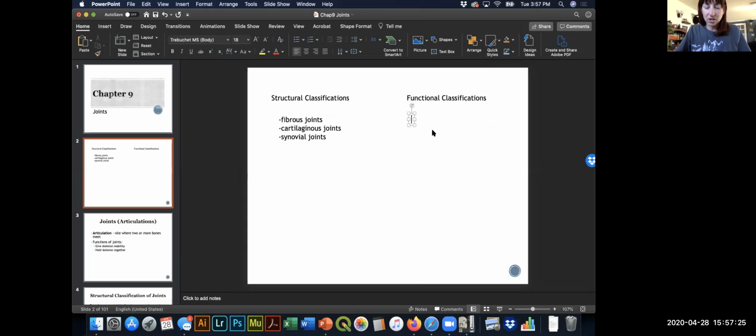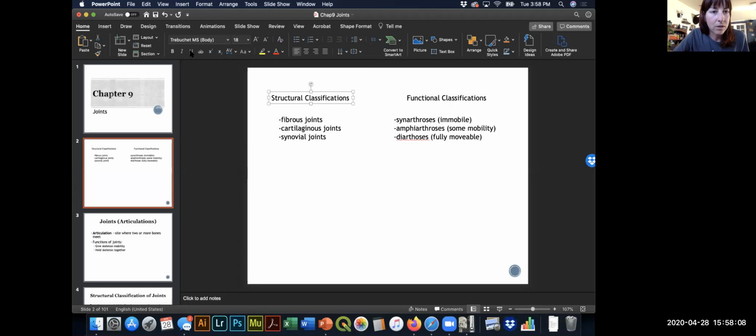And the functional classifications are synarthroses, amphiarthroses, and diarthroses. Okay, so synarthroses are no movement, amphiarthroses are some movement, and diarthroses are fully movable. Okay, so we can start with that.